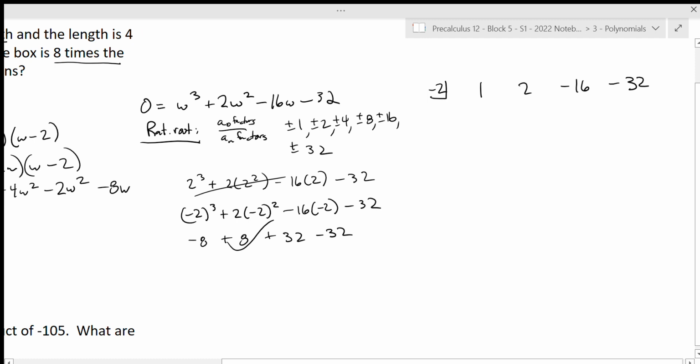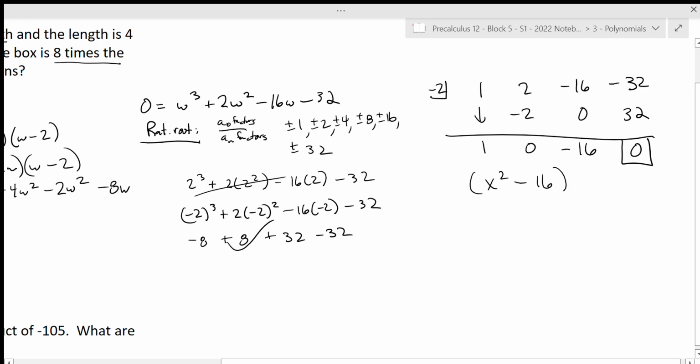So I bring my 1 down, I get 1. 1 times negative 2 is negative 2. I get 0. I get negative 16, and negative 2 times negative 16 is positive 32, verifying I have no remainder. So here I get x squared minus 16 is what I have left over.